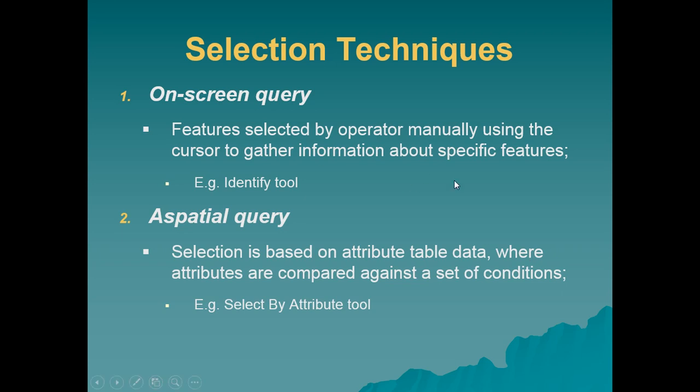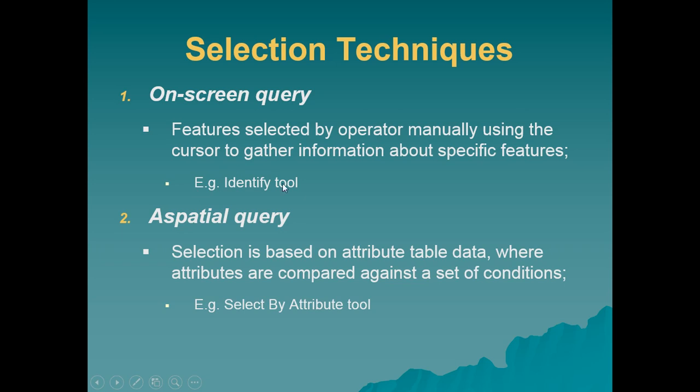Then we also have, when it comes to spatial analysis, some simple selection techniques that can be used as well. We have on-screen queries. What does that mean? These are features that would be selected by the operator manually using the cursor to gather information about specific features, and you all would have done this.